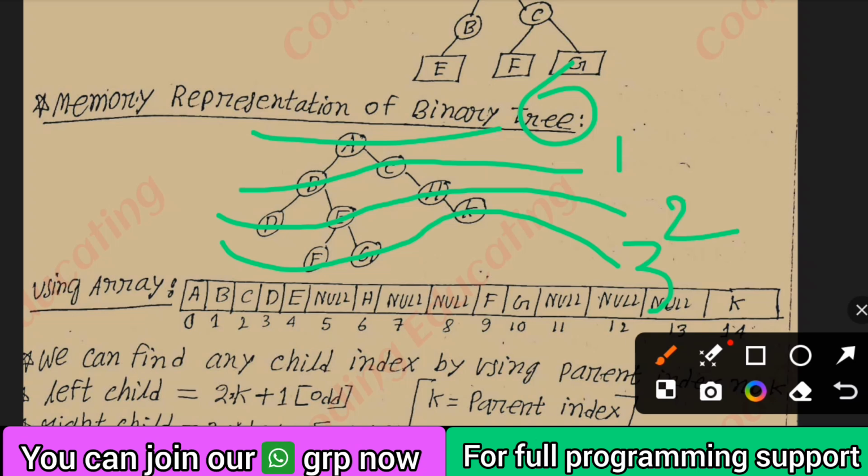At first we write the level 0 element, that's A. Then after that the level 1 elements, B and C. After that we write the level 2 elements D, E, and one will be denoted as null. Null means there is no element. So C's left side has no element, so we write null. After that the H element, which is on the right side of C.